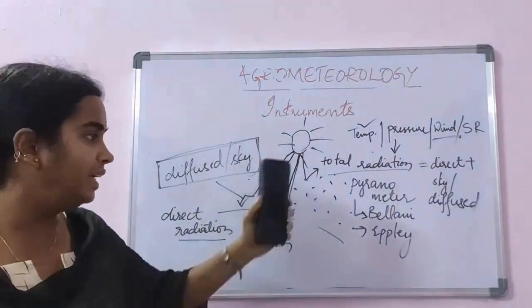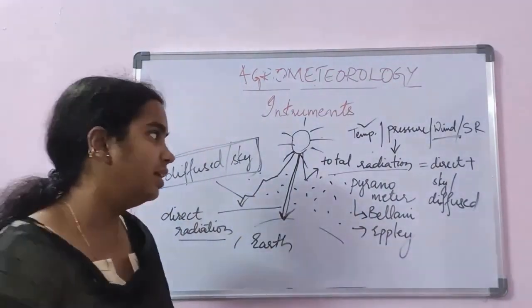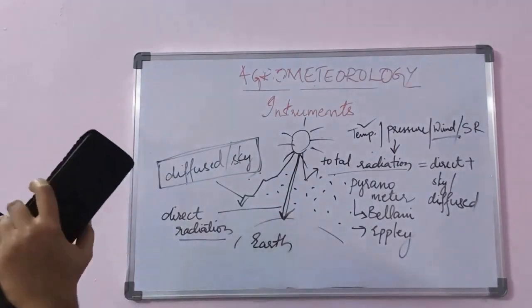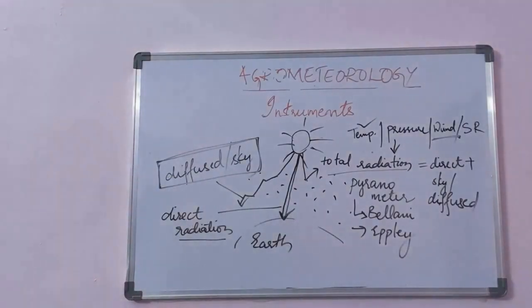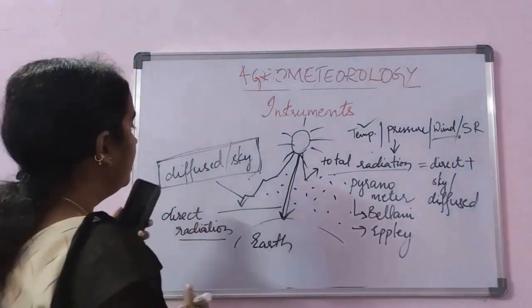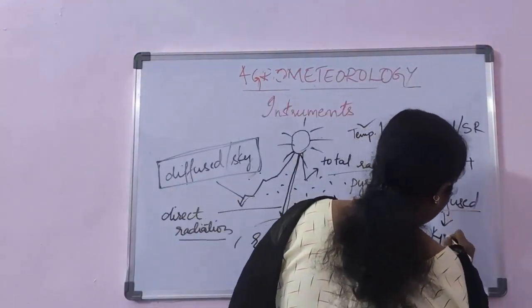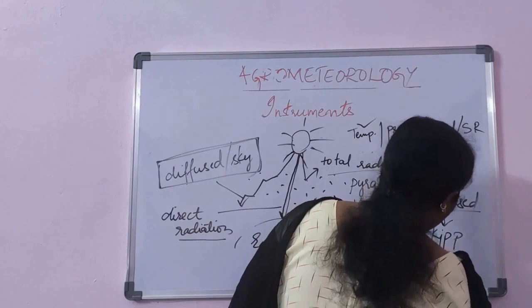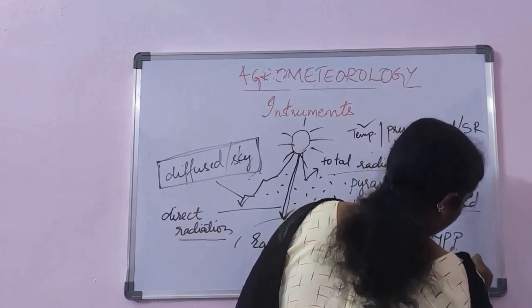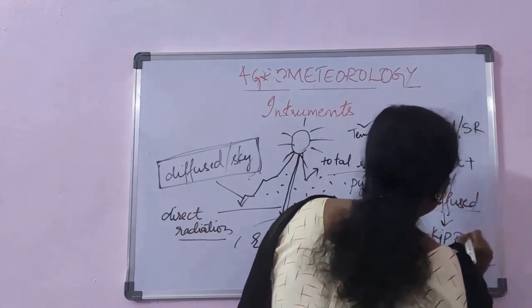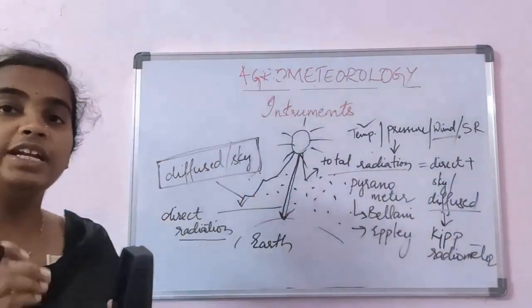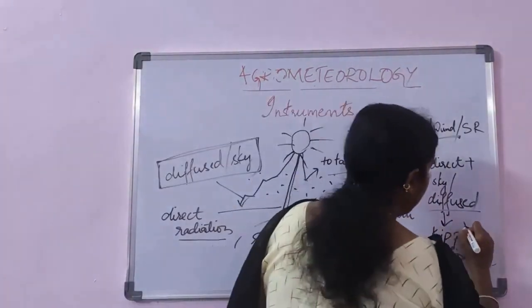Let's not go into detail for these pyranometers. Now the next instrument which is used for measuring the diffused radiation is the Kipp radiometer. This is one of the important instruments you have to remember.